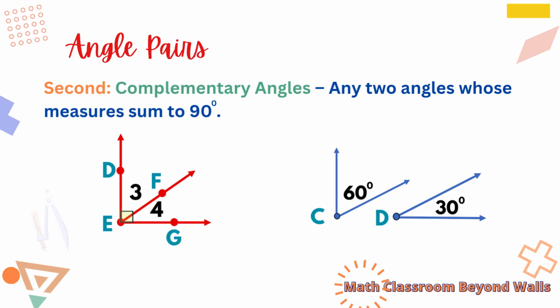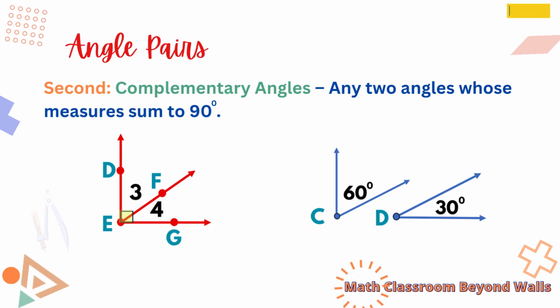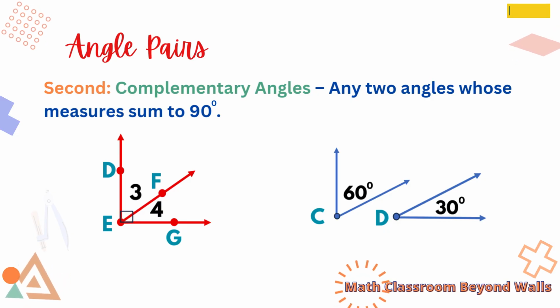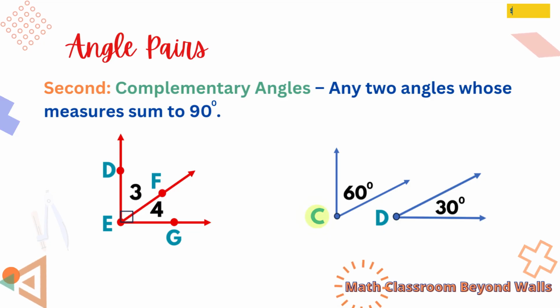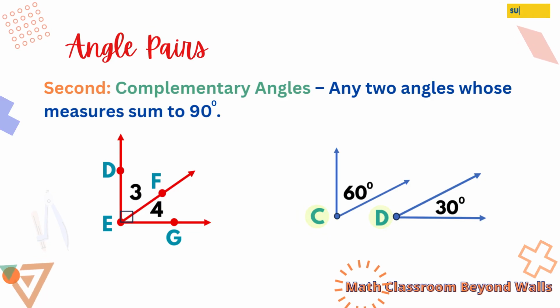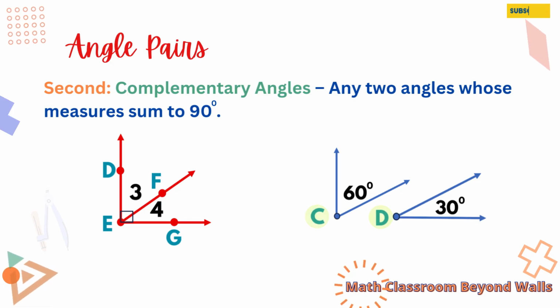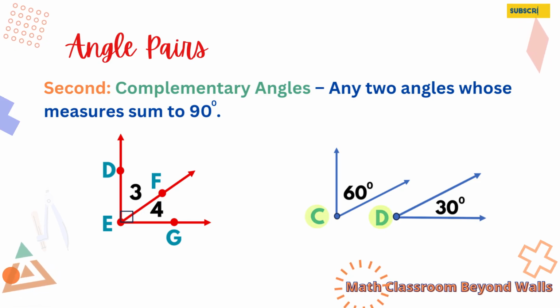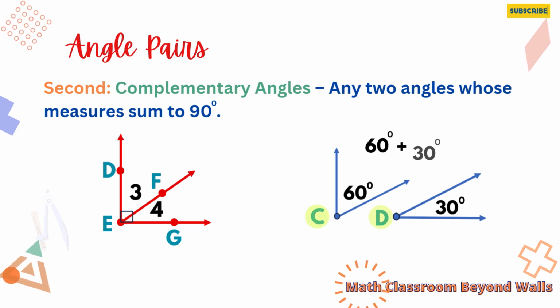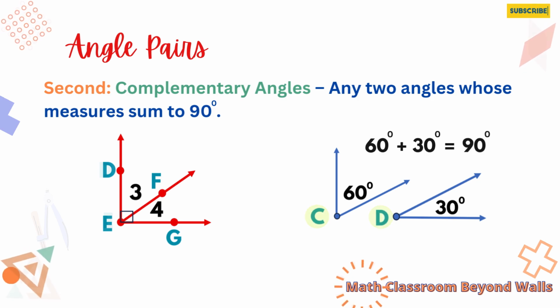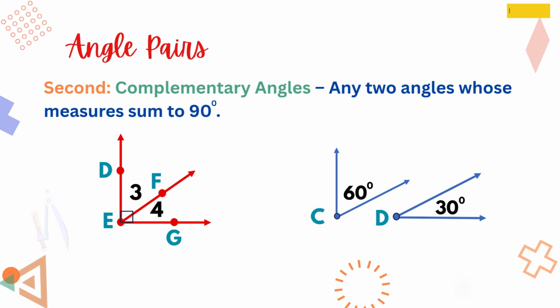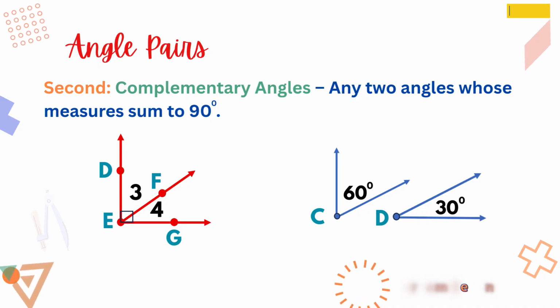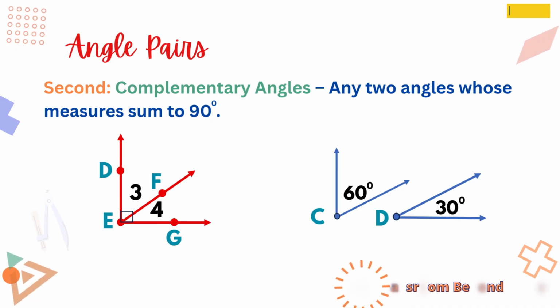Recall that a box indicates a 90-degree angle measure. Likewise, angle C and angle D are complementary angles for the sum of their measures is also 90 degrees. That is, 60 degrees plus 30 degrees is 90 degrees. As shown here, the angles do not have to be touching to be complementary.